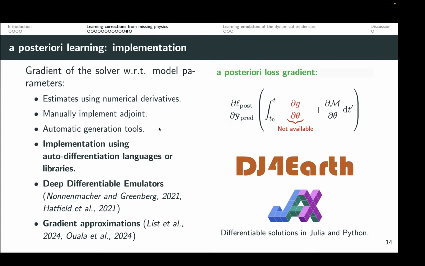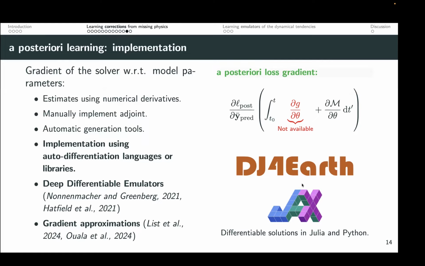You can use automatic generation tools. I don't know the status of that, but I think there's a few that are very interesting. And you can also implement your model using an auto differentiation language or library. So that's what we did, and that's what people are doing.